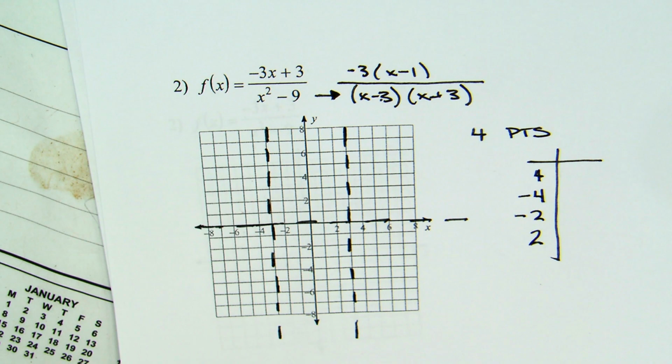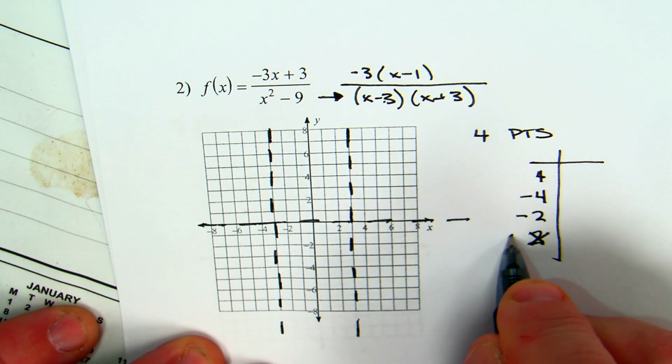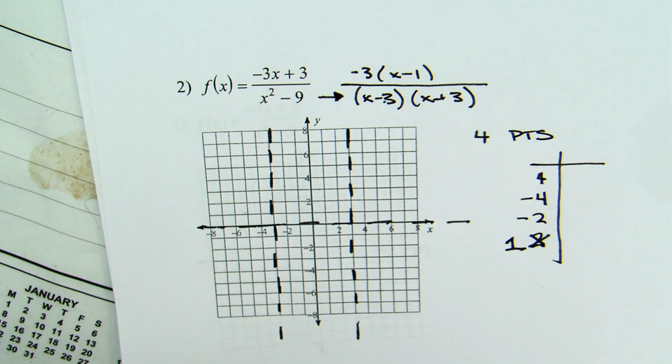Because 2 are on the left, 2 on the right. I'm going to make one alteration. I'm going to change 2 to 1. Because if I look at my factored numerator, what's the 1 minus 1 going to make my numerator? 0. And 0 over anything is 0.